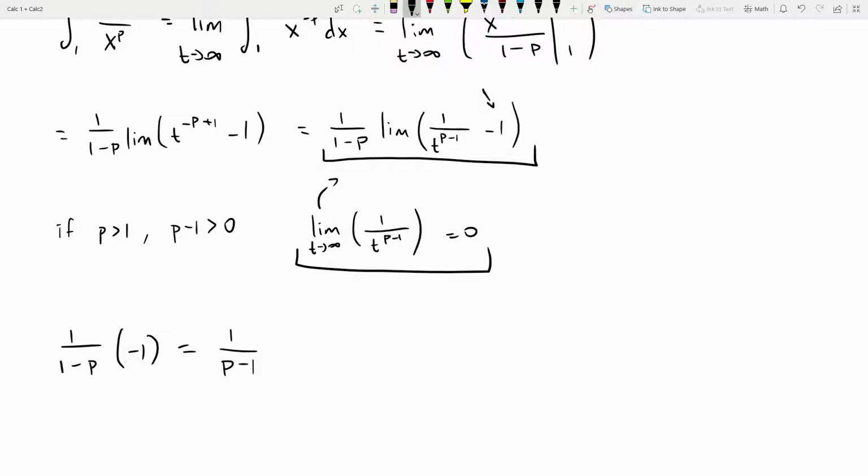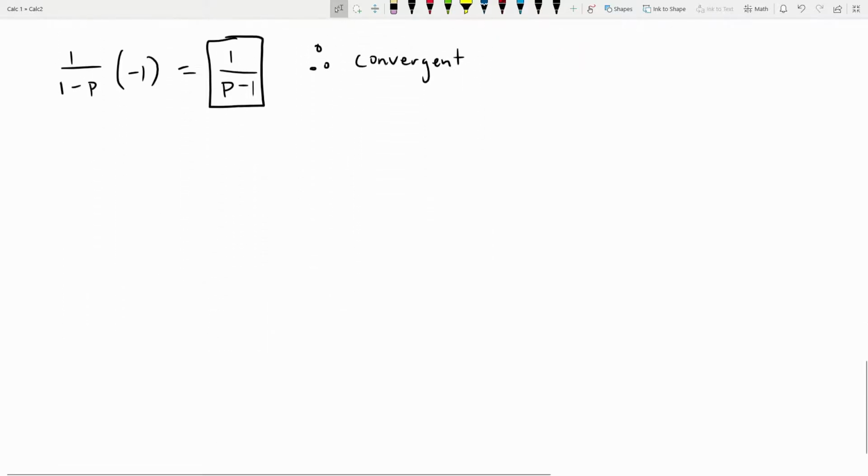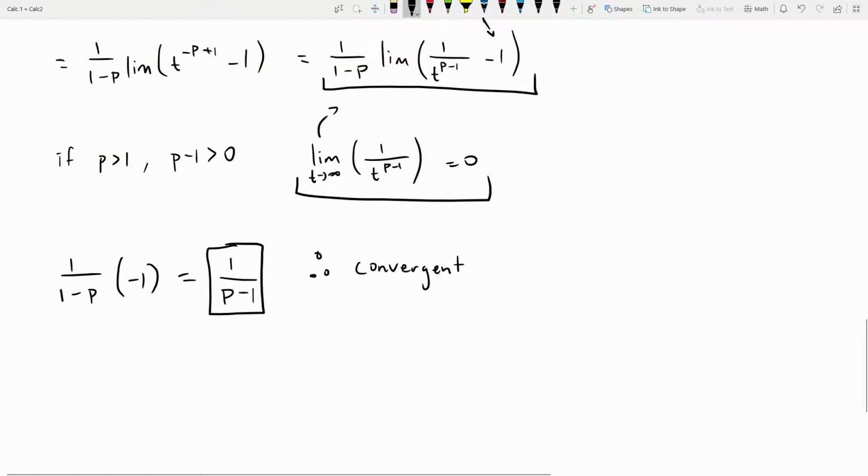And this is going to be a constant value, because p is not variable. P we are testing for, but it's actually going to be a constant value. So therefore, if p is greater than 1, then it's going to be convergent. So now we have found when this series is going to be convergent, and essentially it'll just be when p is greater than 1.